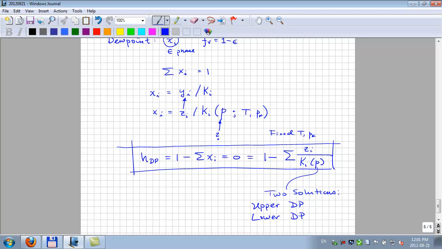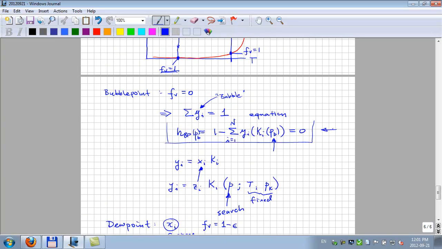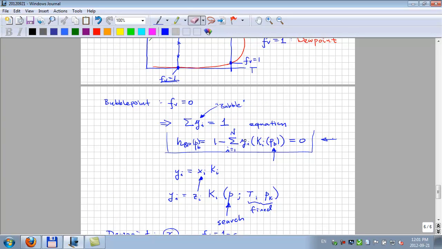Okay. Excuse me. In the equation that you got for bubble point, shouldn't it be minus sigma zi ki? Yeah, it should be. We can replace this by zi. Oh no. Let's see. Now this was bubble point. Yeah, this we just replace.